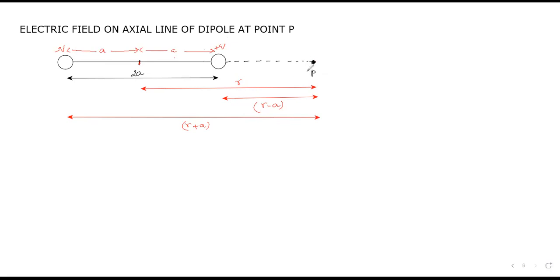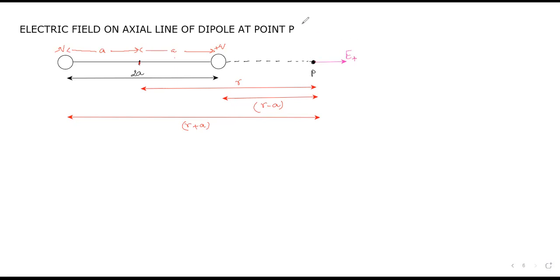Now, what will be the direction of the electric field due to the plus Q charge at point P? Away from the charge, like E plus. Okay, the electric field due to the positive charge.